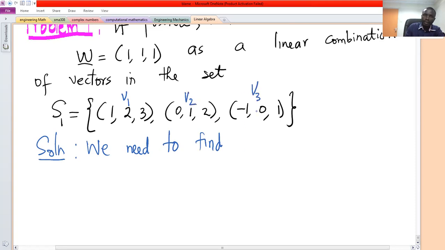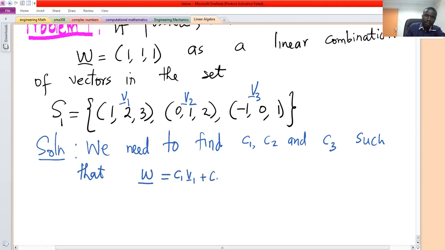So we need to find C1, C2, and C3 such that this vector W can be written as C1 V1 plus C2 V2 plus C3 V3. This is the definition of a linear combination of a vector W in terms of the three vectors V1, V2, V3. So let's replace.